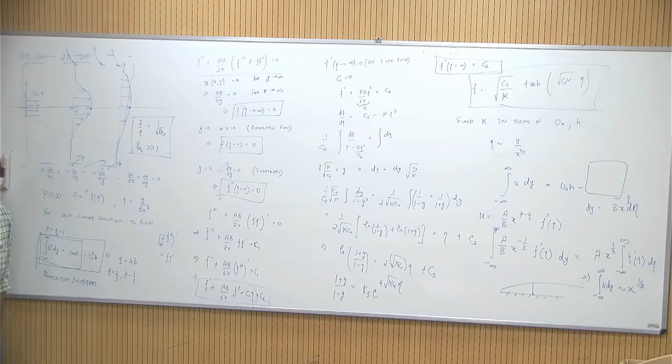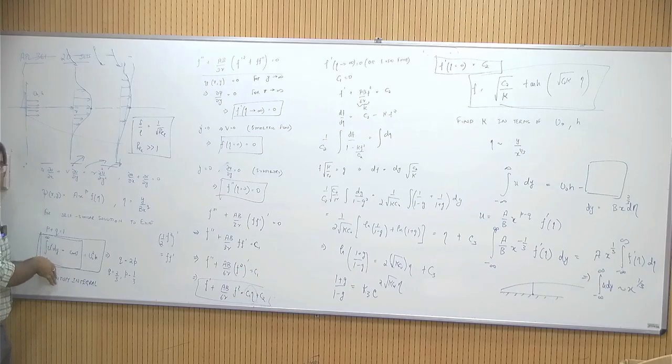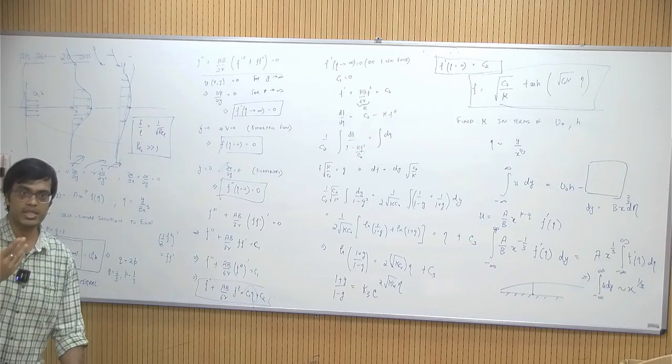Momentum flux, first of all, is a vector quantity. Okay, it has to be u times u dot n ds. So the x component of u times u dot n ds will be x velocity times u dot n ds. Even though u dot n ds is not 0, x velocity here we are assuming to be 0. There is technically very little x velocity far away from the jet, and that is why there is no momentum flux of this entrainment, but there is a mass flux of this entrainment.